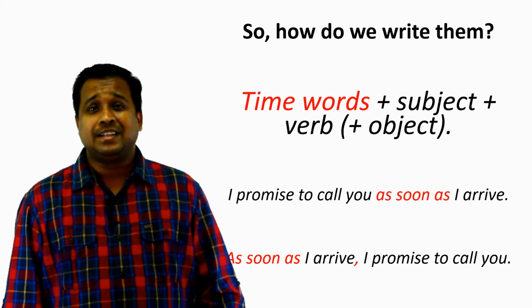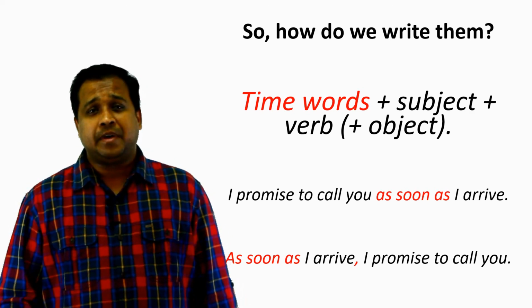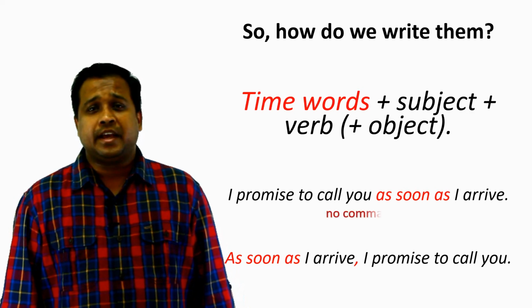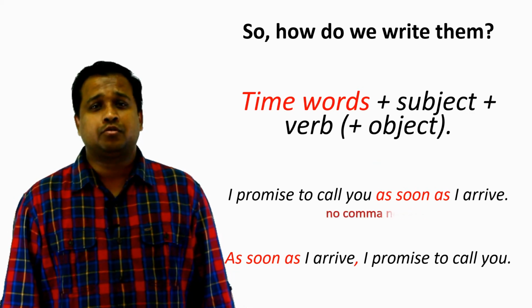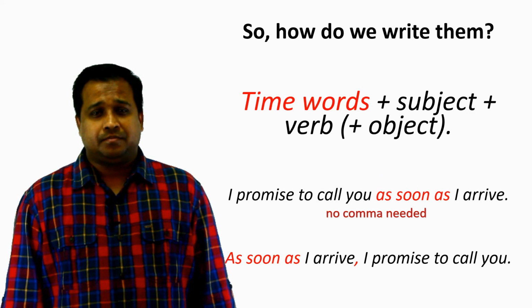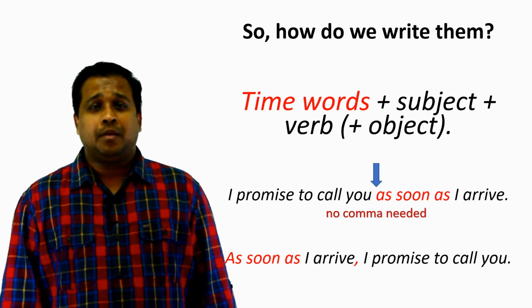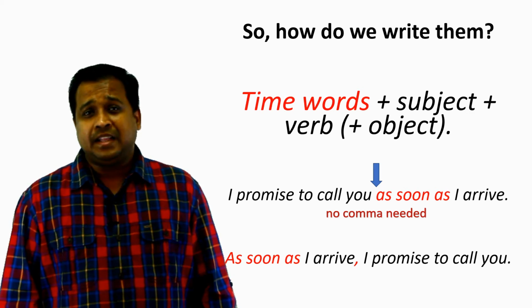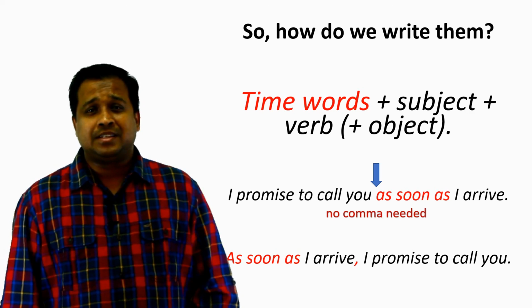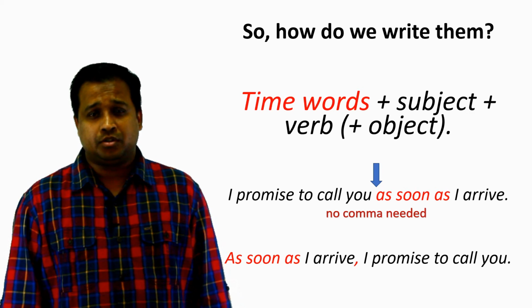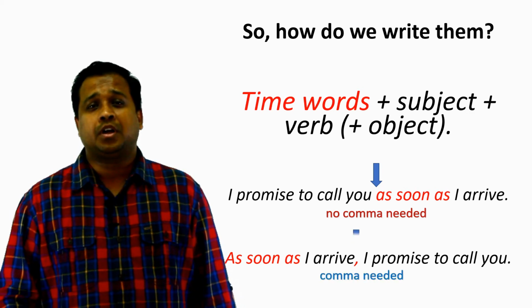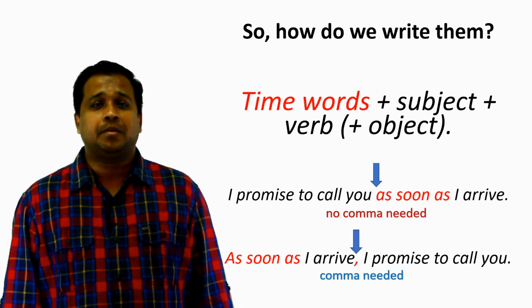So you have written the independent first and the dependent after it. In this case you don't need a comma to separate. But if you say, as soon as I arrive, I promise to call you, then you notice as soon as I arrive is the dependent clause. So you have to mark it with a comma to separate it from the independent clause.